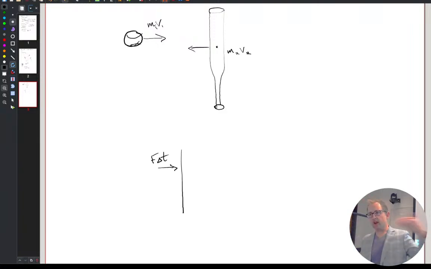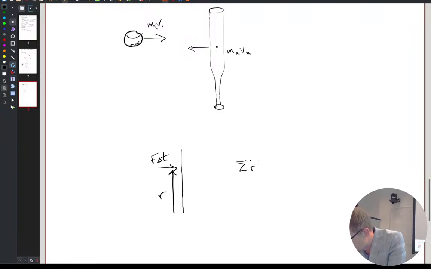Our ball is creating an F delta T on the bat somewhere there at a given radius, versus where that center of mass is.